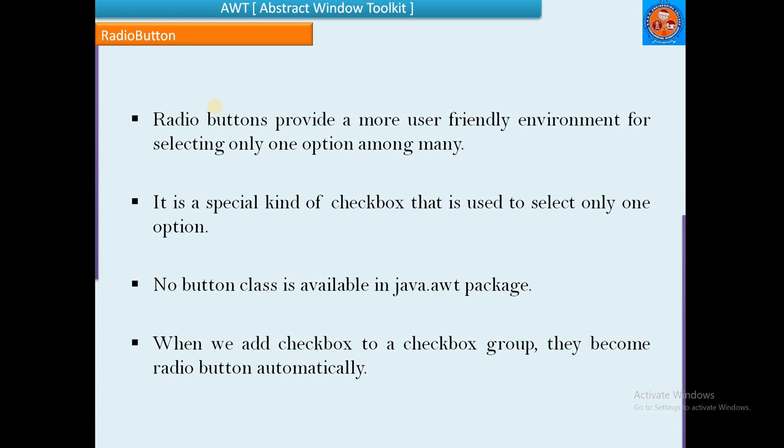We need to create the radio button by using the checkbox class. Once we create the checkbox and add it to the checkbox group, the checkbox group is automatically converted into radio button.